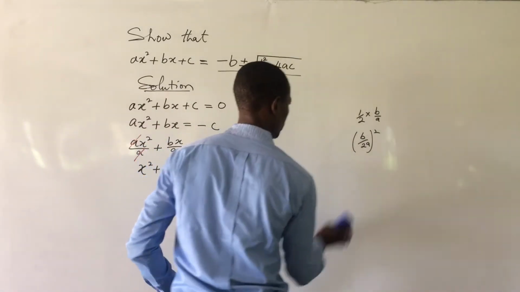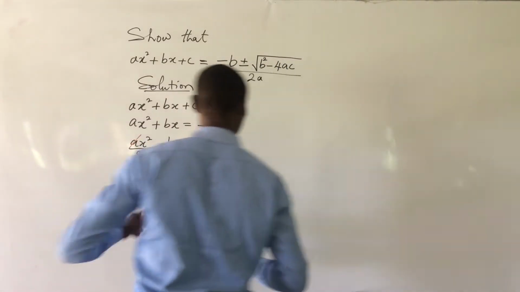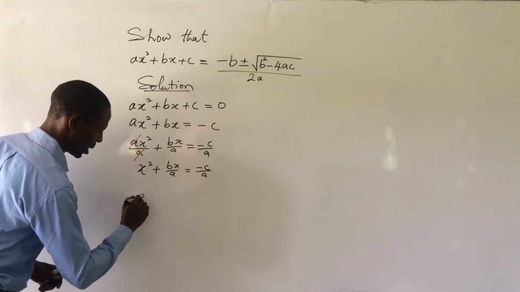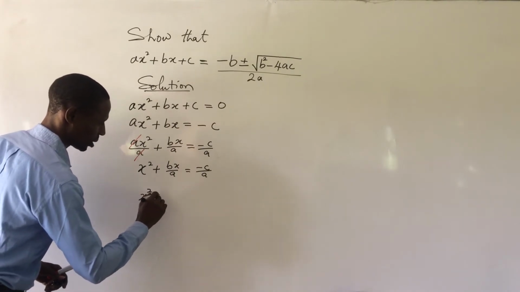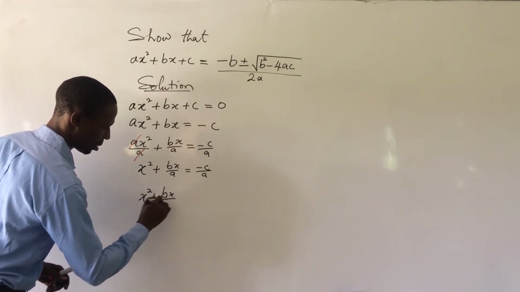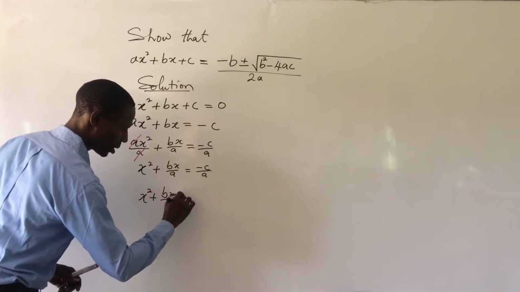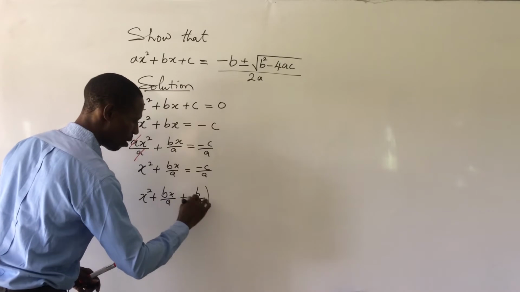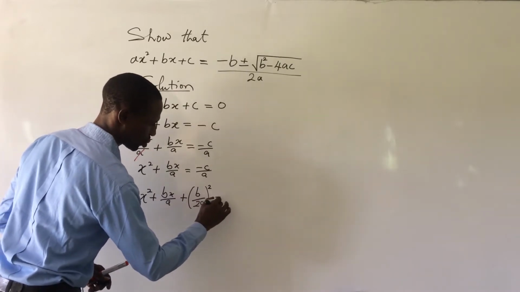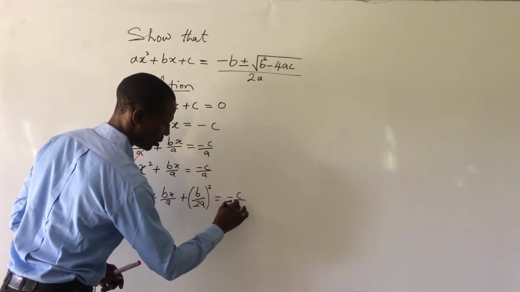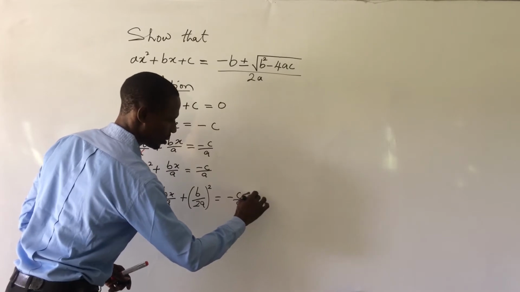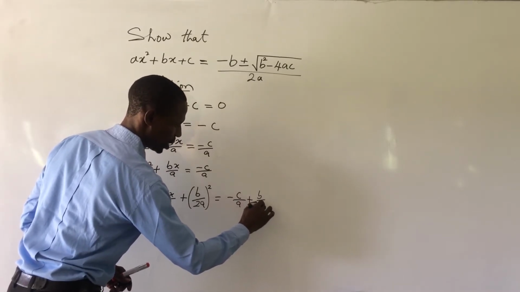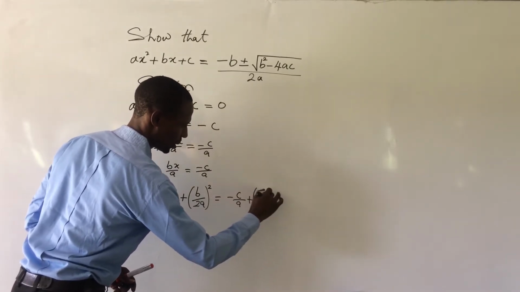So this will give us x squared plus bx all over a plus b all over 2a all squared equal to minus c all over a plus b all over 2a all squared.